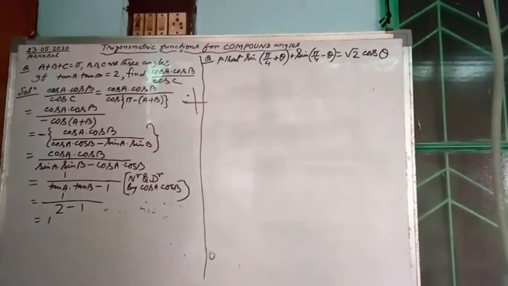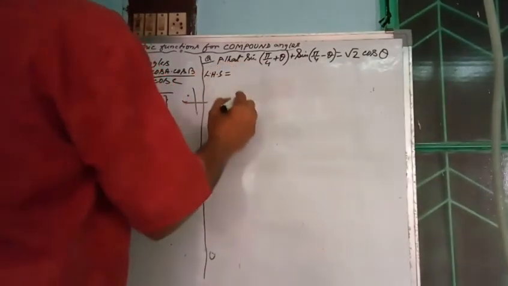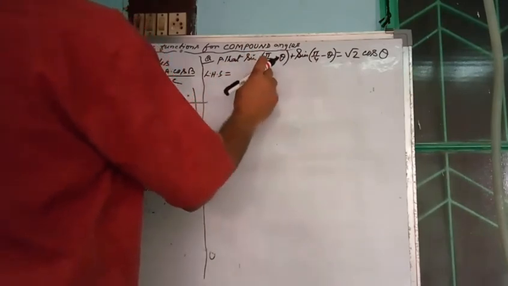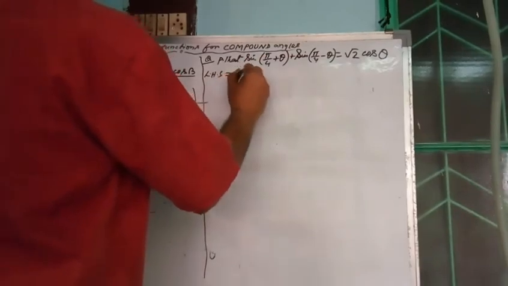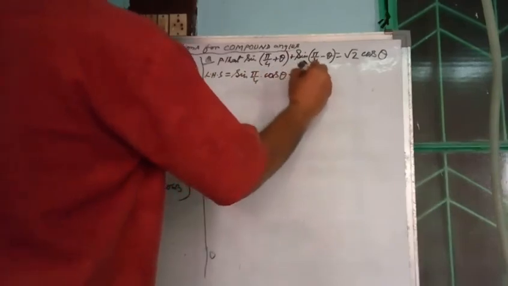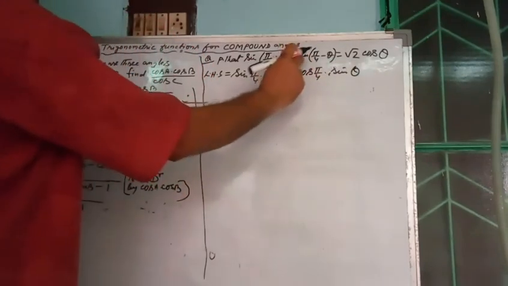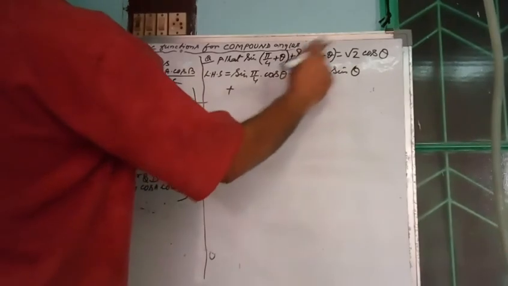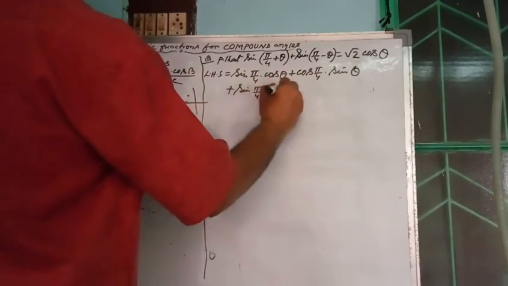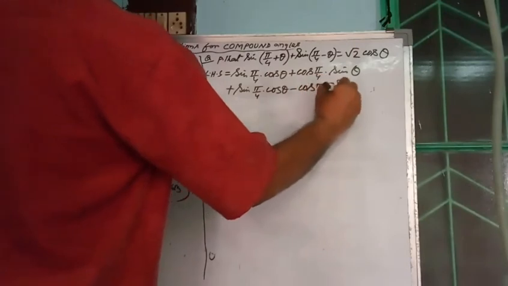Now we'll start with the left hand side. LHS is in the form of sin A plus B, which is equal to sin A cos B plus cos A sin B. So sin pi by 4 cos theta plus cos pi by 4 sin theta, and this is in the form of sin A minus B, equal to sin pi by 4 cos theta minus cos pi by 4 sin theta.